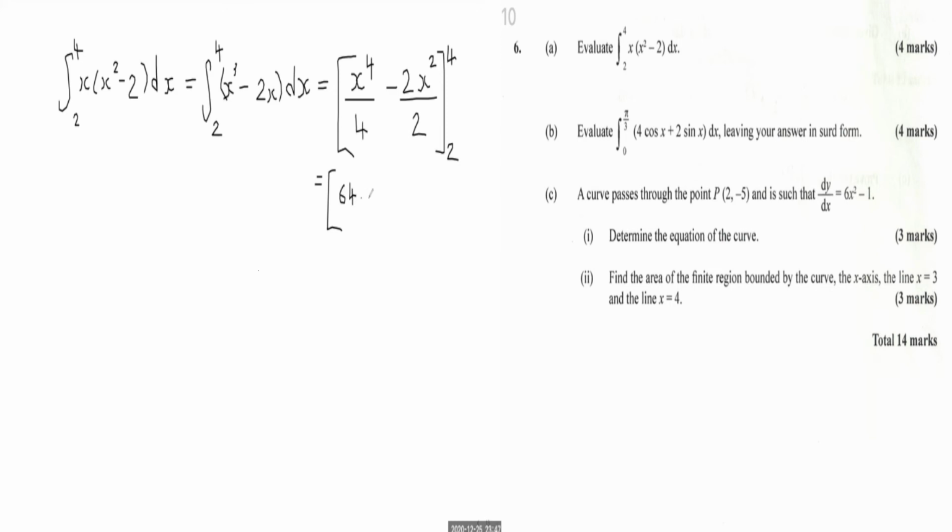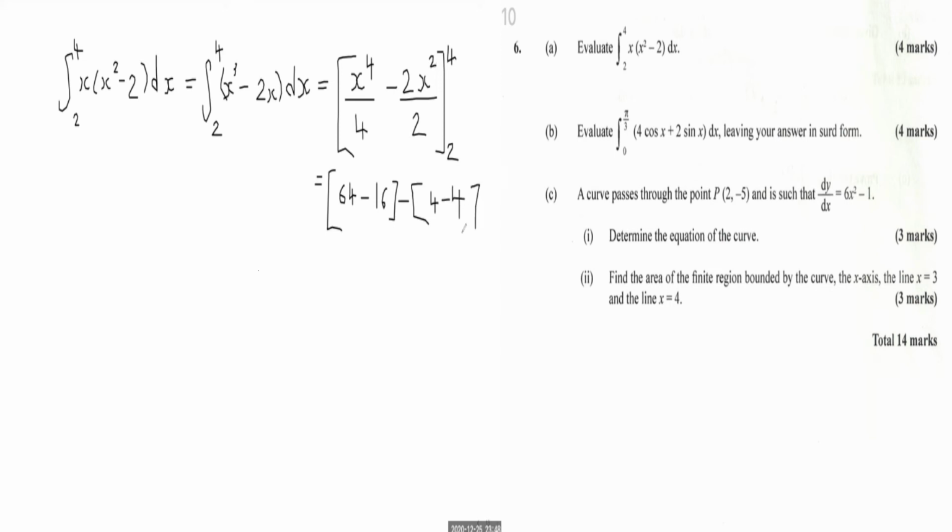Minus, we'll put in 4 here. 4 squared is 16, so I get 64 minus 16. Then subtract 2 to the 4th power, which is 16, 16 over 4 is 4. Minus, put in 2 here, 2 squared is 4.